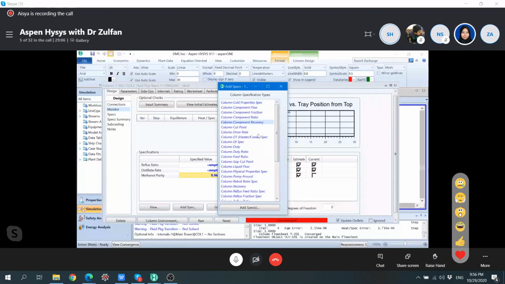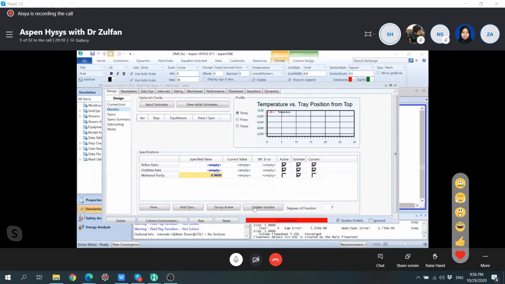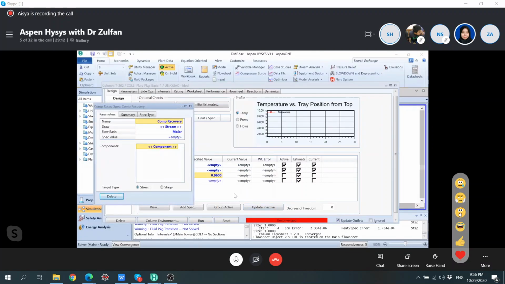Recovery of methanol. Recovery of methanol is 98.9. How do you get that? The methanol flow rate at stream 13 divided by the methanol flow rate at stream 12.